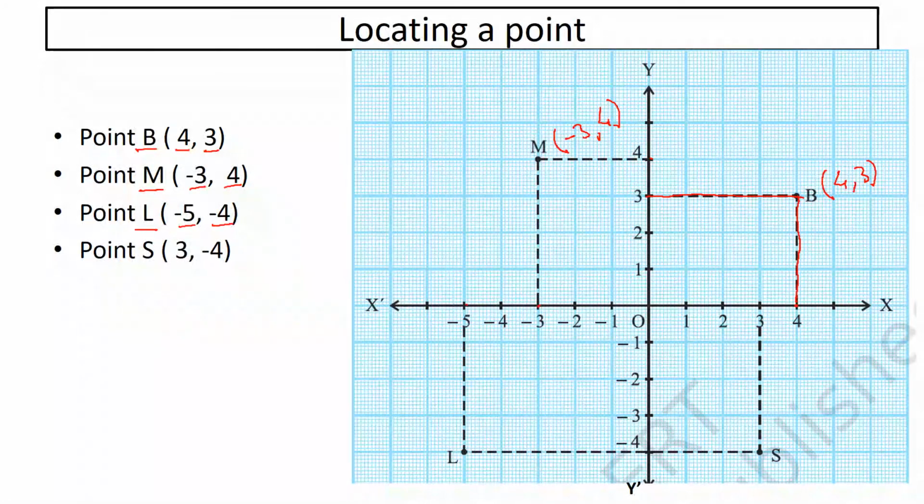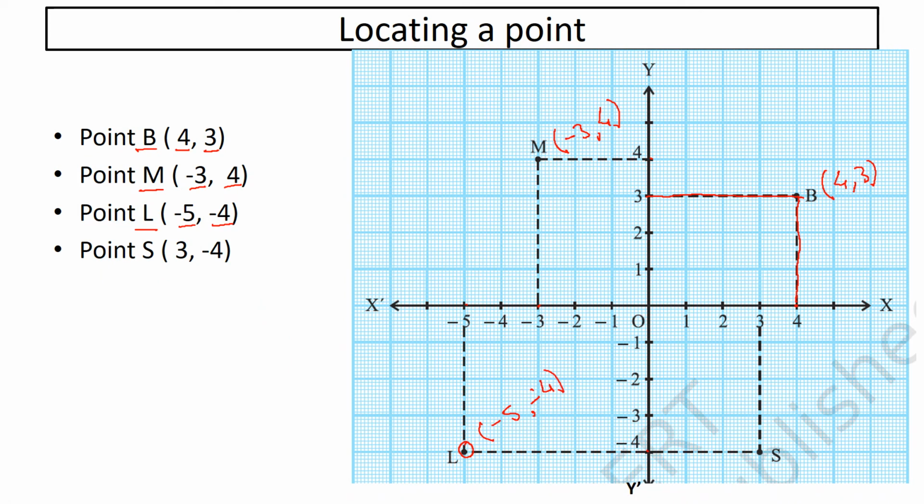Then we will go to the negative side of y and take 4 units, and again draw a line parallel to the x-axis. Where these two lines intersect, that will be our point L, and for this point L the coordinates will be (-5, -4).